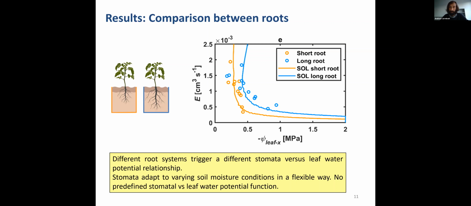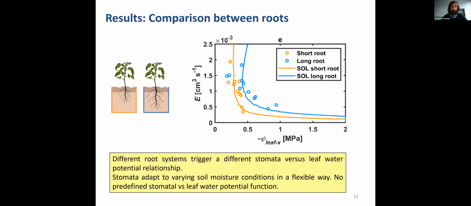So the result of this experiment is that different root systems trigger a different stomata versus leaf water potential relationship. It means also that stomata adapt to varying soil moisture conditions in a flexible way, and there is no predefined stomata versus leaf water potential function.